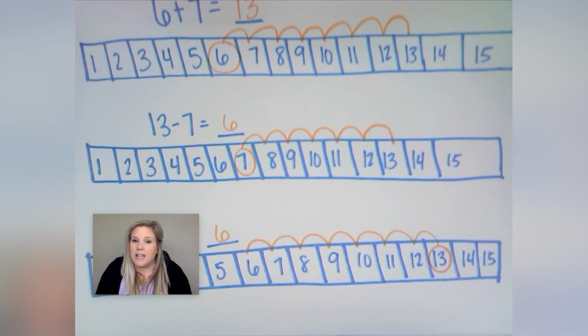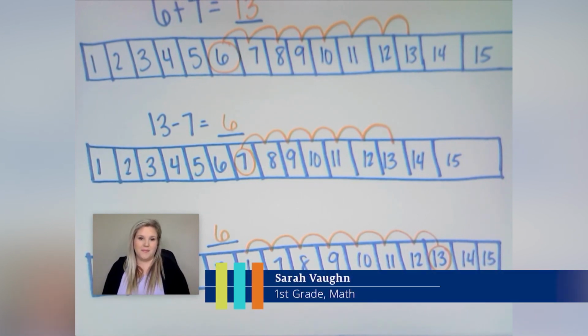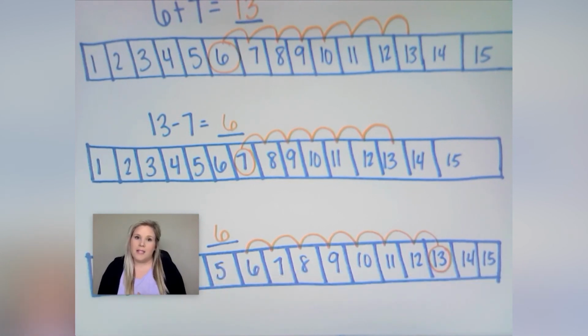I want you to stand up and I want you to touch your toes 6 times. You just used what you know about addition to help you solve a subtraction problem, and that is pretty cool stuff.